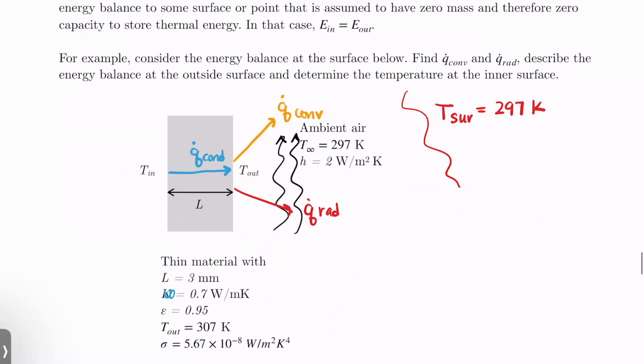Let me correct this, this should be a lowercase k. We're given all of our material properties for that little chunk of material. So we know what L is, we know the value of k, epsilon, and then we also are given the T outer surface and sigma. So we have everything at our disposal here to look at conduction, convection, and radiation for this material.